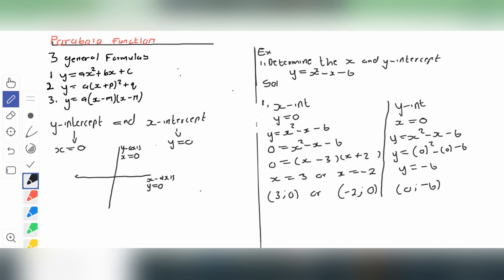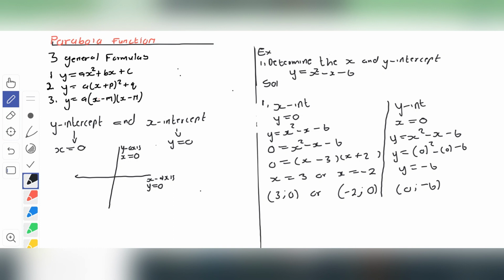Therefore, we are done with determining the x and the y-intercept. Whenever you are determining the x and the y-intercept, if it's the x-intercept, you let y equal 0 and then solve for x. If it says the y-intercept, you let x equal 0 and then solve for y.